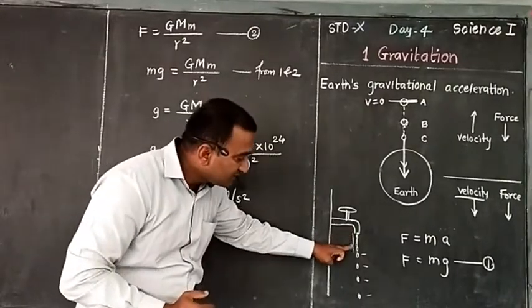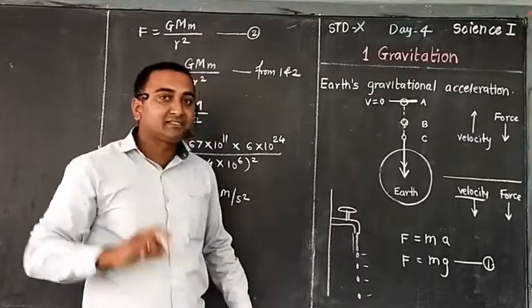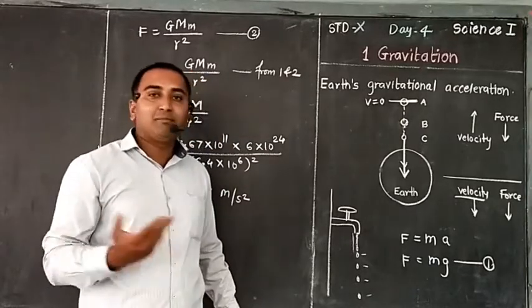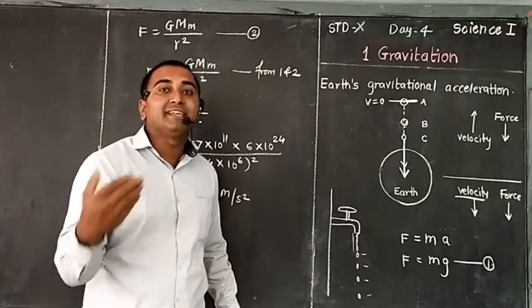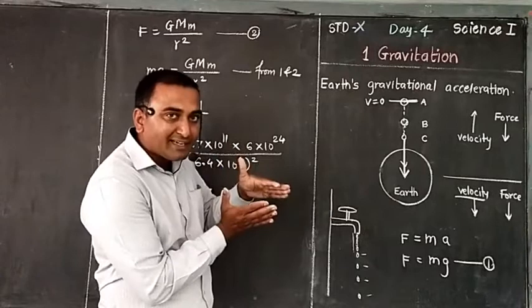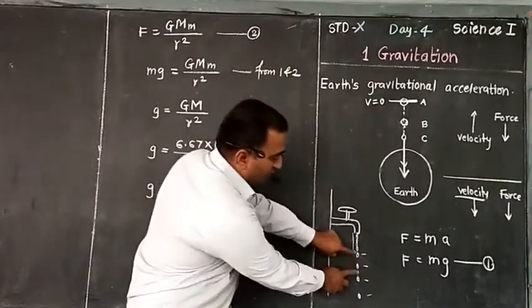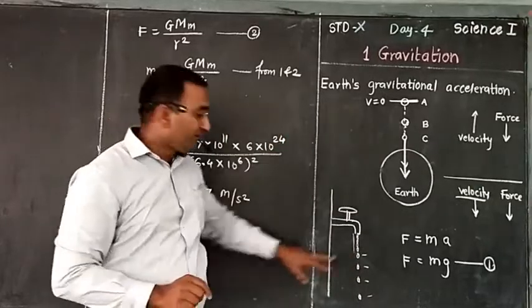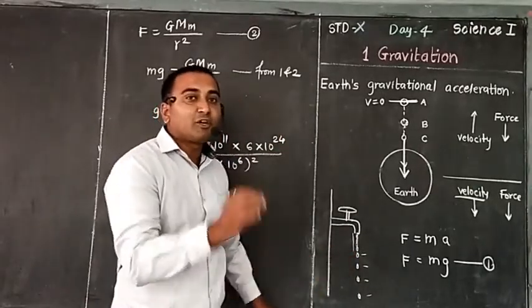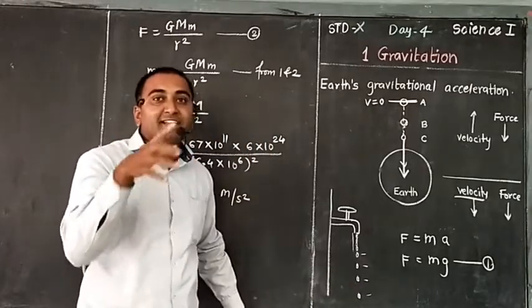As the object is coming down, the distance decreases, force increases, and because of the increased force, velocity increases. So within 1 second it has covered some distance, then after 1 second it will cover a little more distance. More distance means more distance between two drops, and definitely the drops get separated, and we get separate drops.